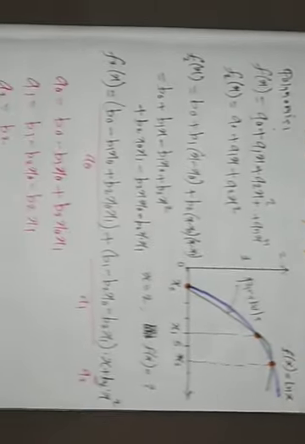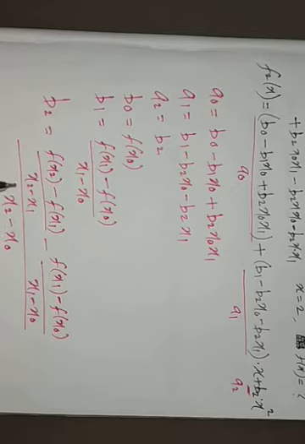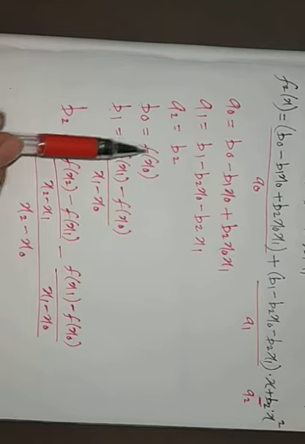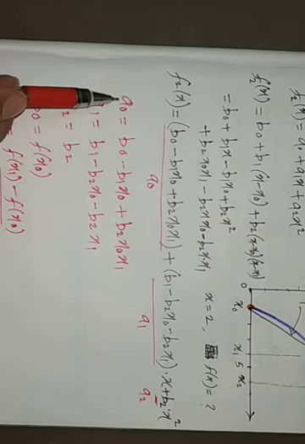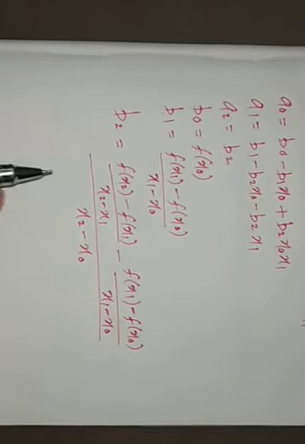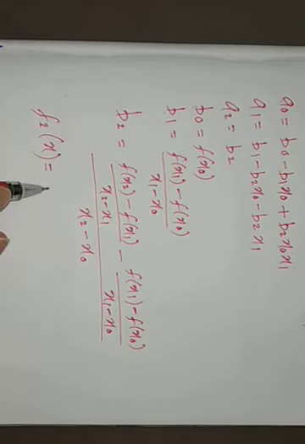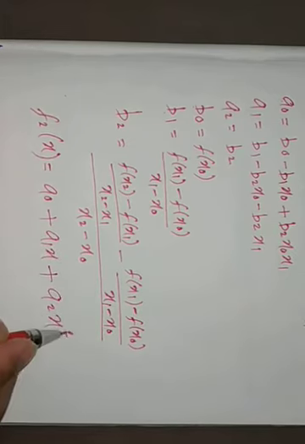So using these values we can find out b0, b1 and b2 first, then put these values of b0, b1, b2 in these equations, find out a0, a1, a2, and finally you will get the function f of x will be equal to a0 plus a1x plus a2x square.